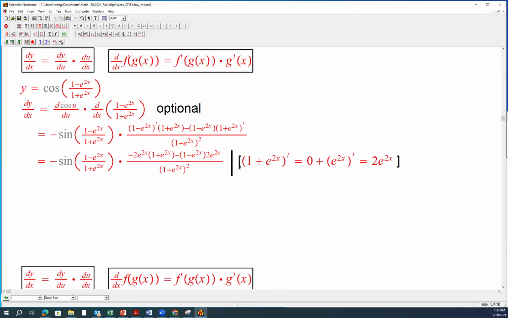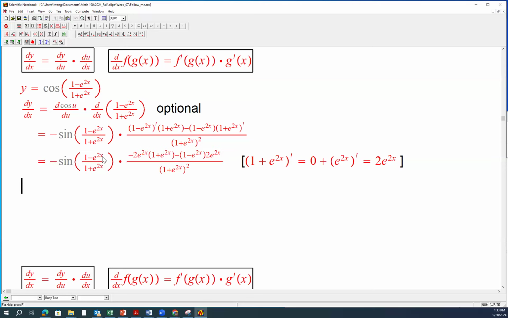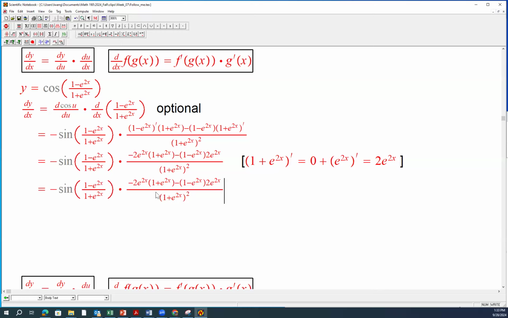Okay, so by this time, derivative is done, and we just have to simplify the latter part, the other factor. Each term has 2 times e to the power 2x. So I'm going to factor this out. Okay, so 2 times e to the power 2x is being factored out.